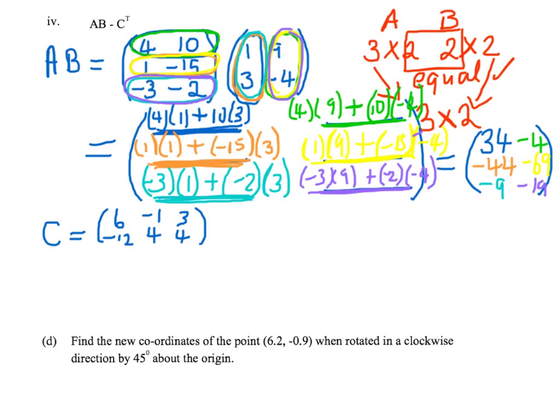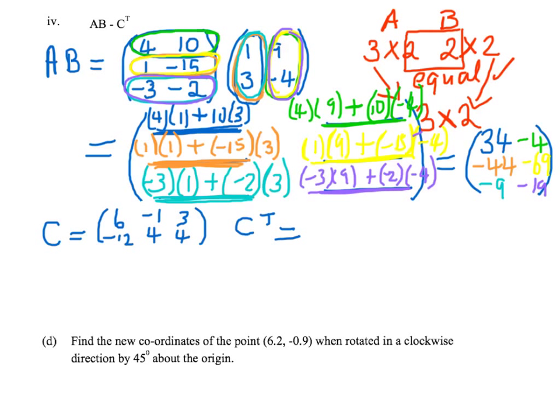My next step is to take matrix C, and that's the C that was given at the beginning of the question, and I want to work out C transpose. So the T stands for a transpose of a matrix. And what transpose does is it writes the rows as columns or the columns as rows, whichever way you want to look at it.